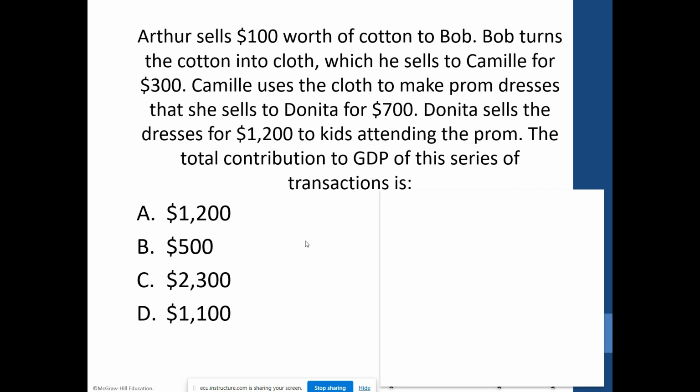You can do it in two ways. The first way is to check the value of the final product, which is $1,200. You will get the same answer if you use the value adding method.